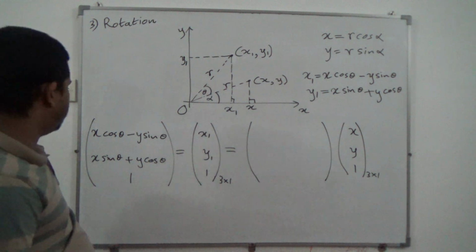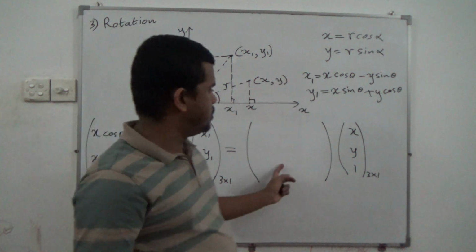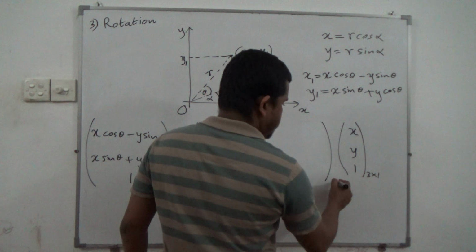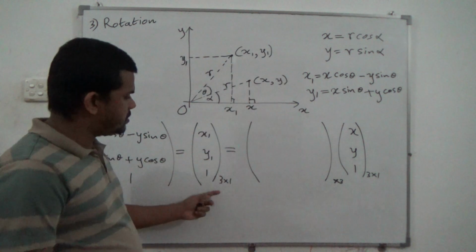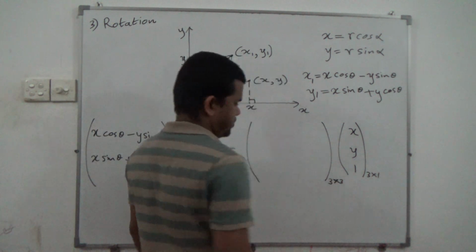Now in order to be able to multiply these two matrices, here it should be something cross 3. Now in the resultant matrix, the number of rows is 3, therefore here we have to put 3.